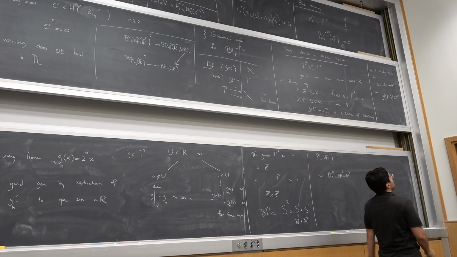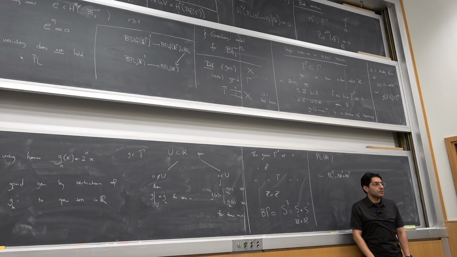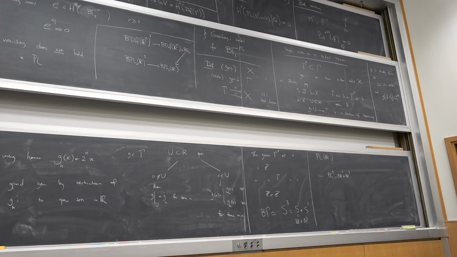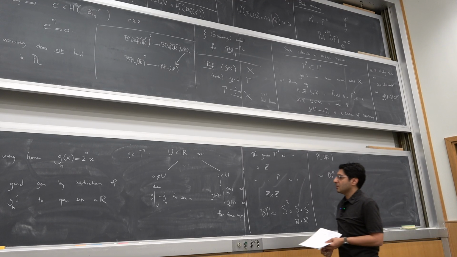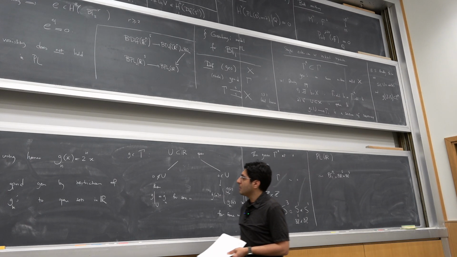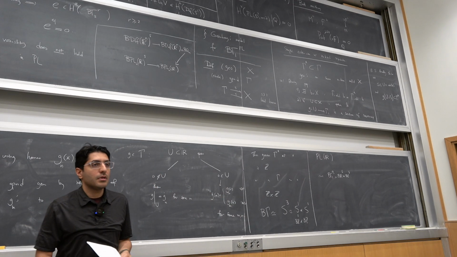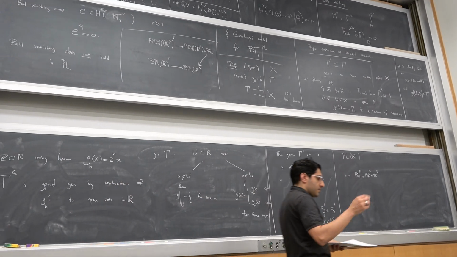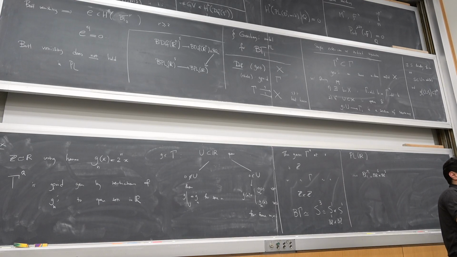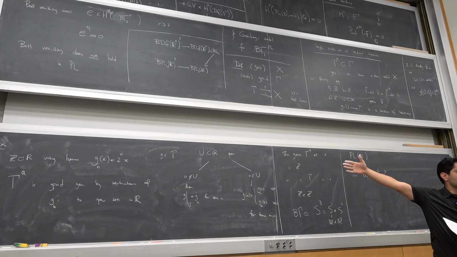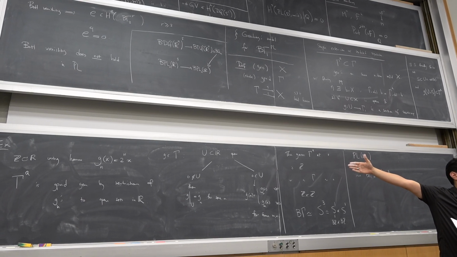Okay, so let me, yes. So your X in this example is R. And how do you get these maps S and T? Oh, the source and target maps? Yes. So it's given by germs of local homeomorphisms that are generated like that.